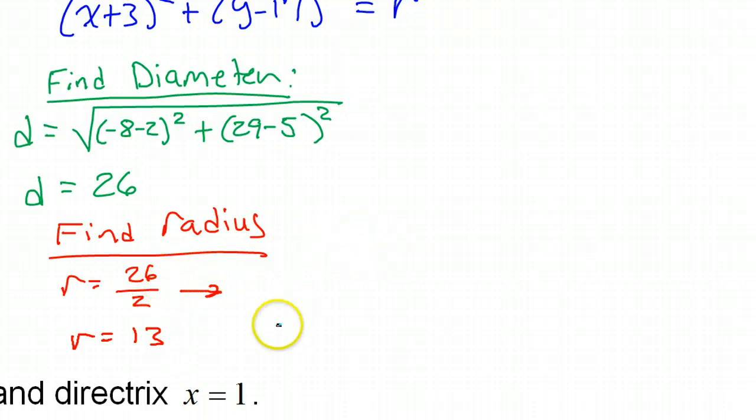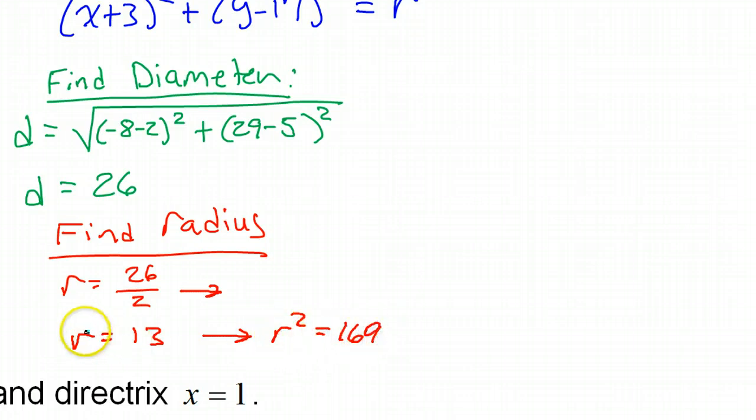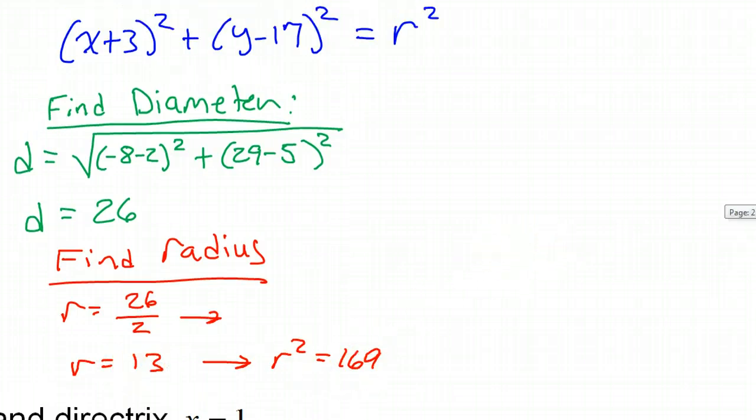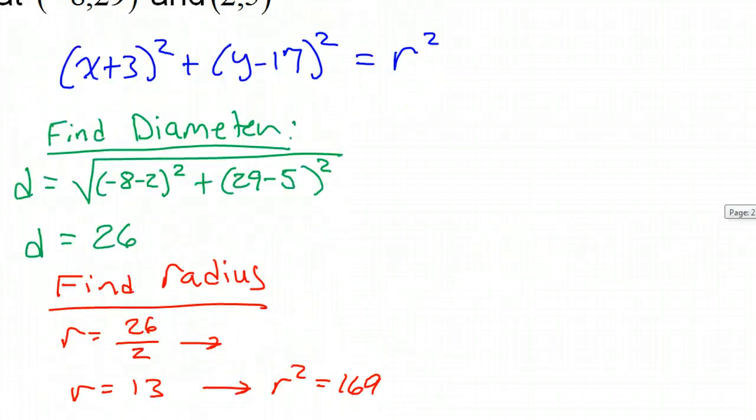And that means that the radius squared is 169. 13 squared. And that's what we really needed, because right here in the formula is the radius squared, so don't just throw a 13 up there, it's got to be 169.